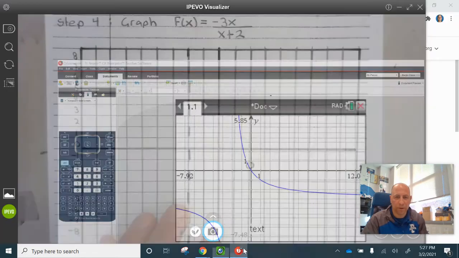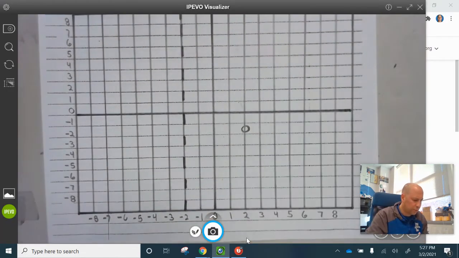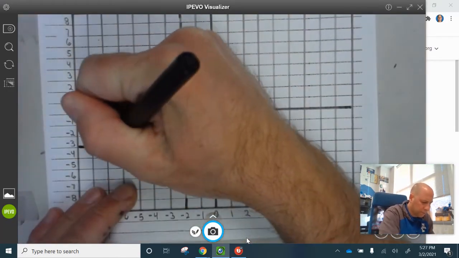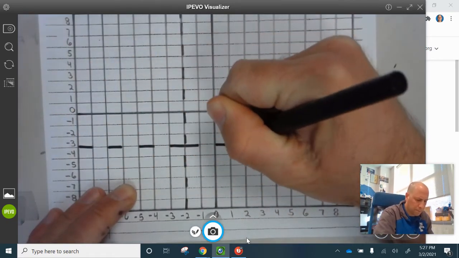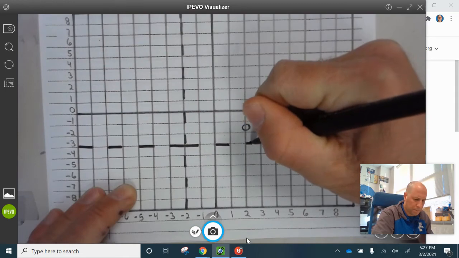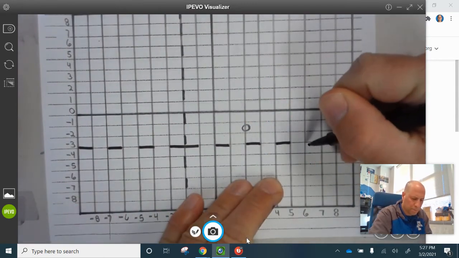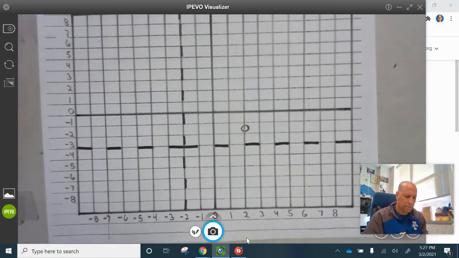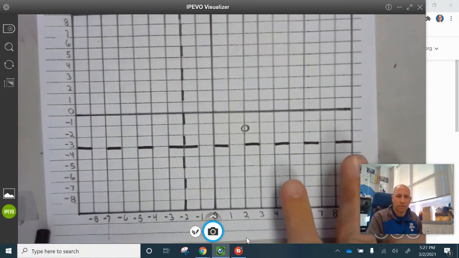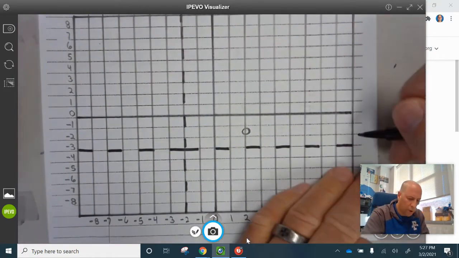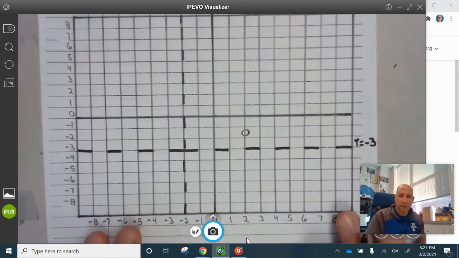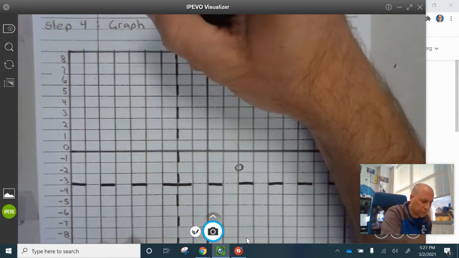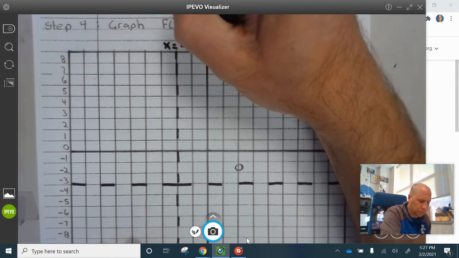Yep, -3. Okay, so we have a horizontal asymptote at -3. Okay, so that's y equals -3, and then this is x equals -2.